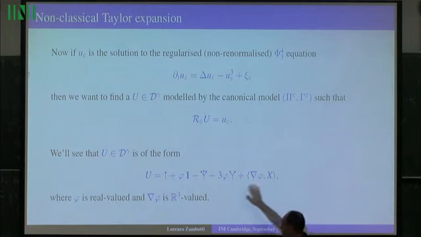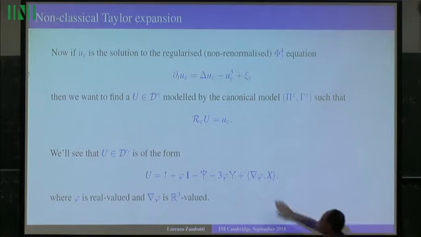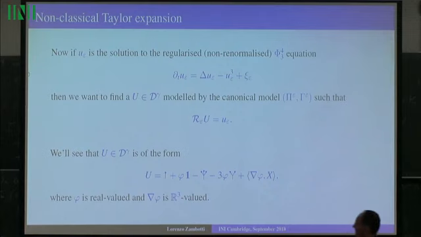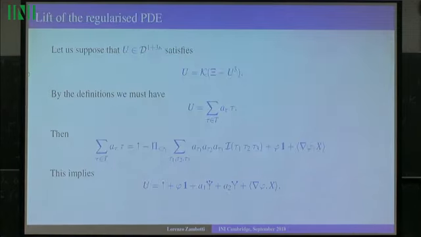So these are two objects which are not necessarily one the gradient of the other. But this is what multiplies x, and this is what multiplies 1. Let's see. So again, gamma is 1 plus 3 kappa.